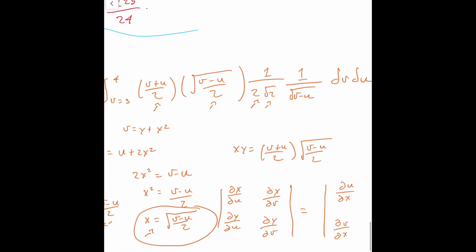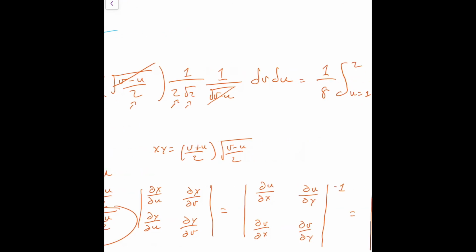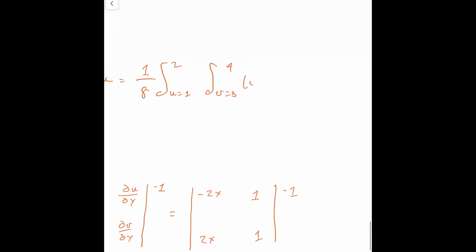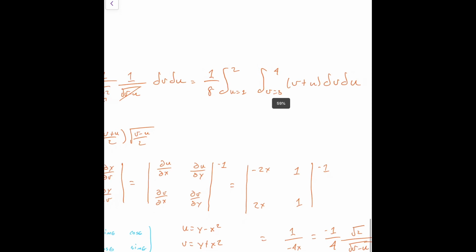Now let's look at what the integrand is. Well, also, the square root of v minus u cancels with that square root of v minus u. And so what we're left with is v plus u dv du. And now this is an integral that you can definitely do on your own, so I'm going to let you integrate it.